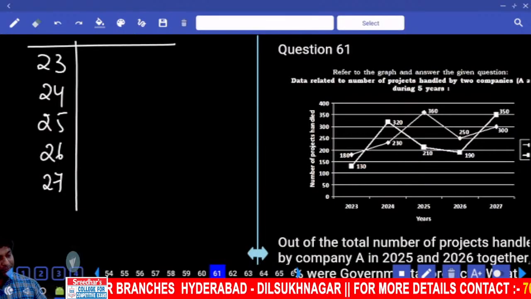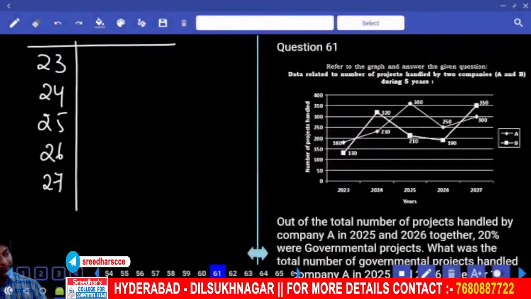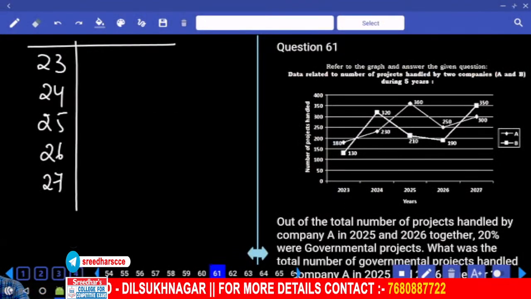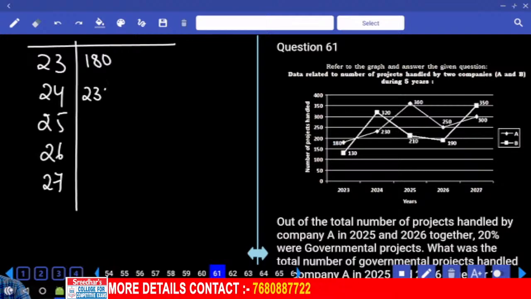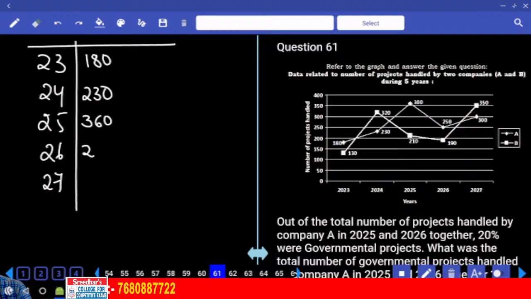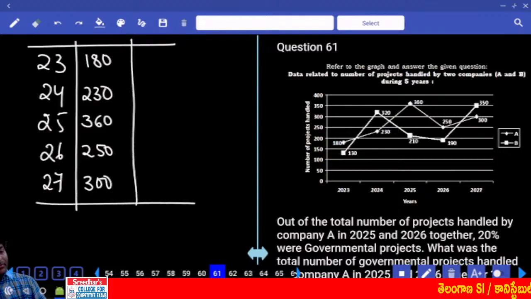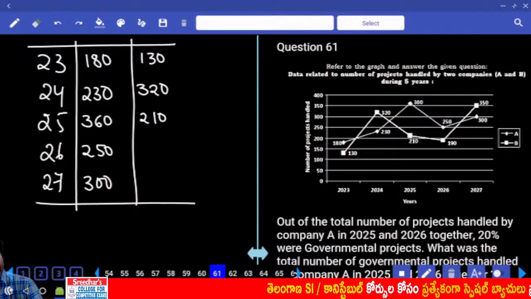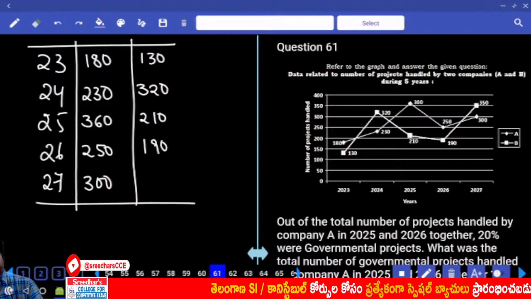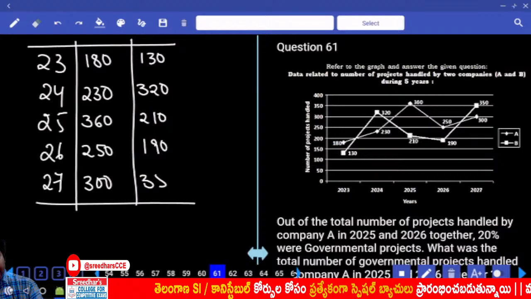The values are in a diamond shape, numbers clearly written there: 180, 230, 360, 250, 300, 130, 320, 210, 190, 350.